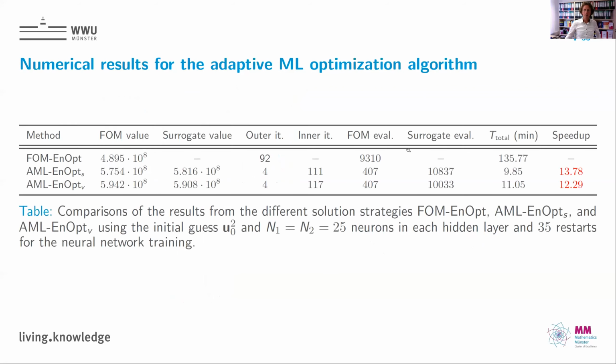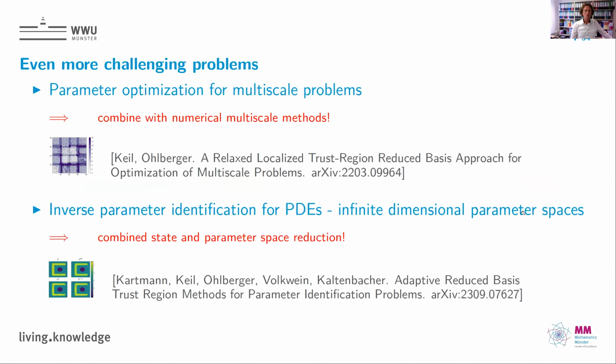And the overall result in the solution process of these really complex optimization problems is a speed up of about 12 or 13 by using this machine learning approach. Even more challenging, but there is no time today, are parameter optimization problems where the underlying PDEs are multiscale problems.